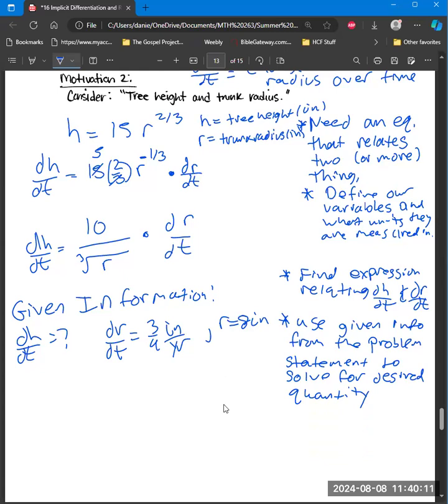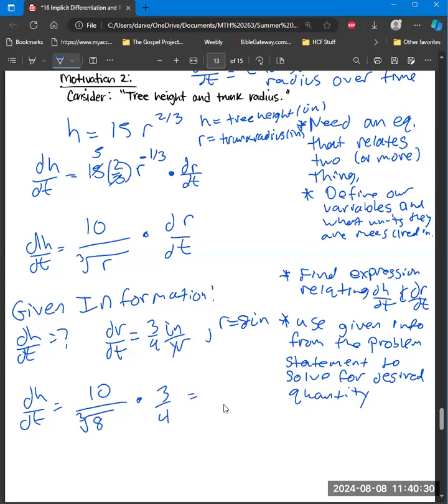So let's go ahead and plug in and say dh dt is going to be 10 over the cube root of 8 times dr dt, which is 3/4.